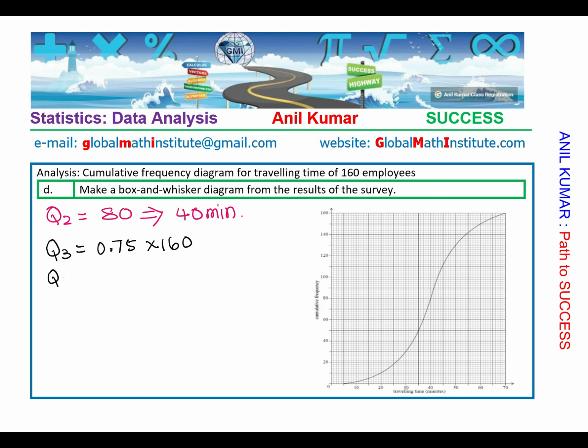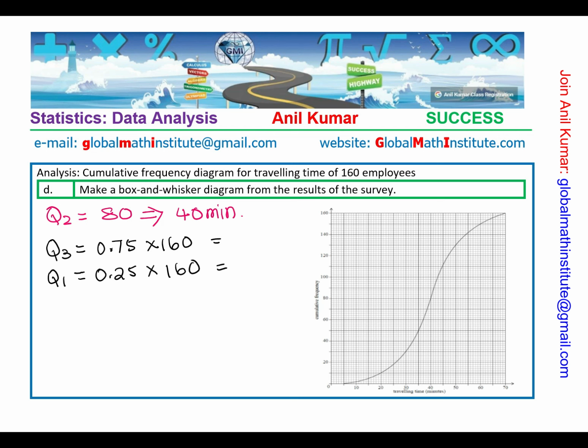And then we'll also find Q1, which is 25%. So 3/4 and 1/4, right? 1/4 of 160 is 160 divided by 4, which is 40. And 3/4 will be 3 times 40, which is 120. Correct?